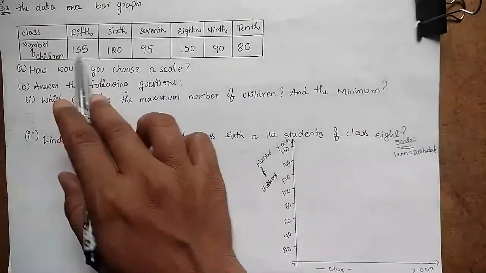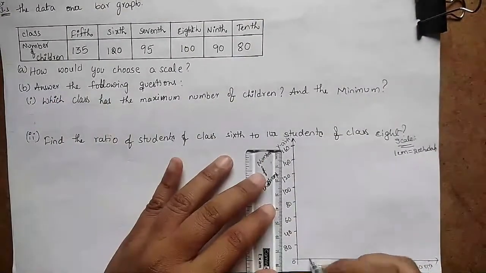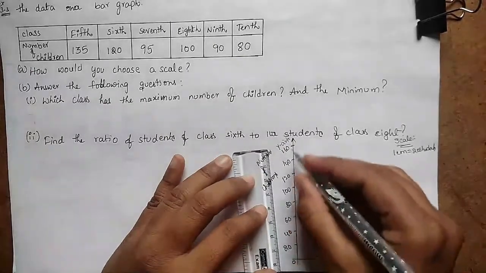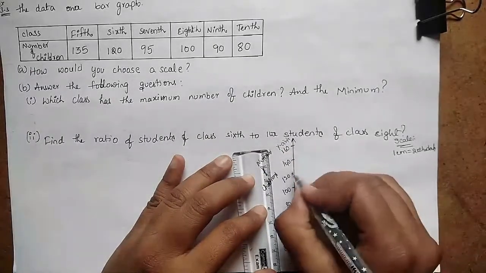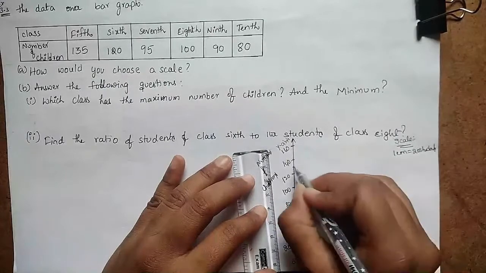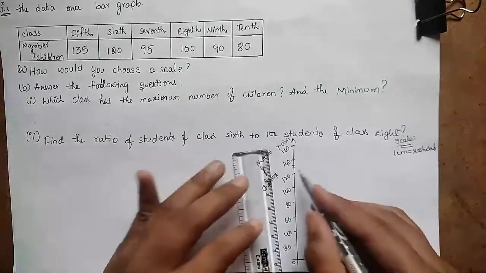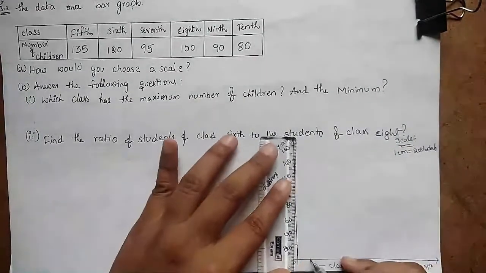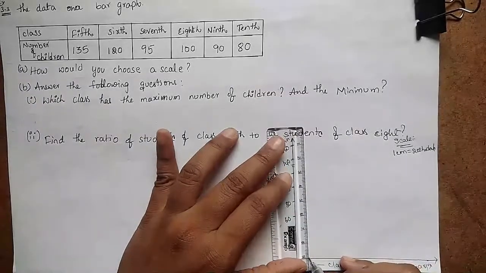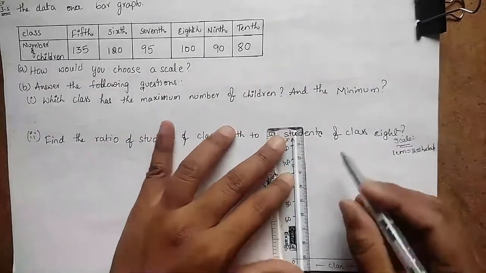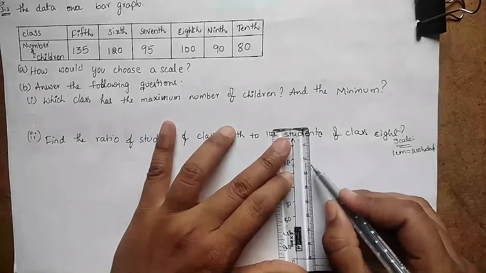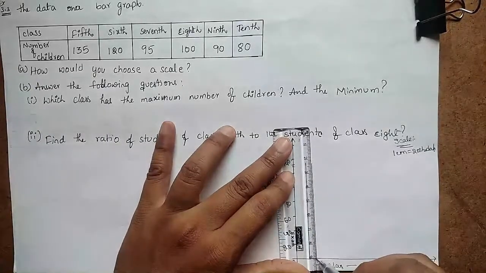The 5th class is 135, so take the 5th class here. 135 is just above the middle between 120 and 140. Take the help of the scale and draw the bar like this, with the same width for all the classes.